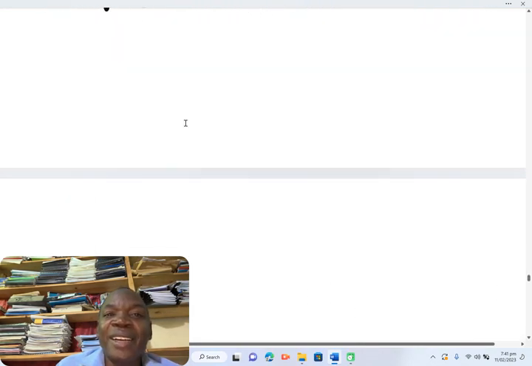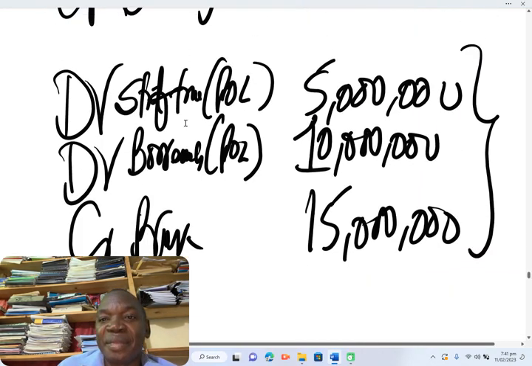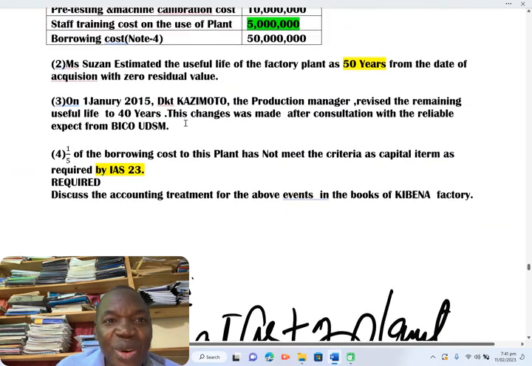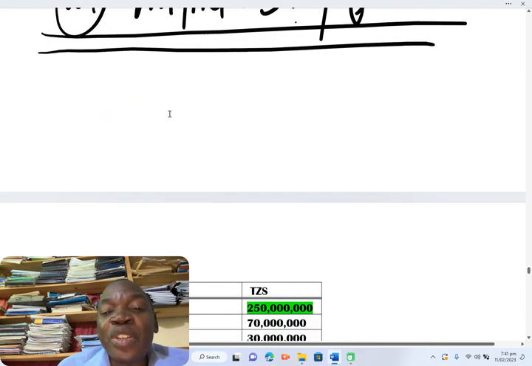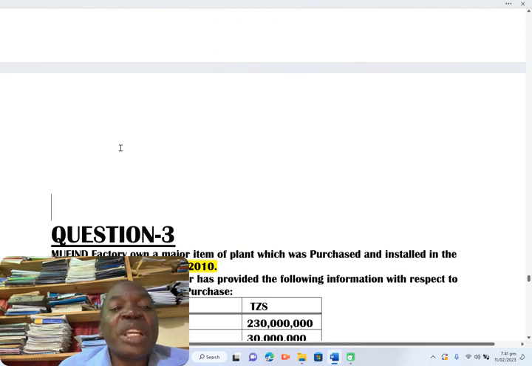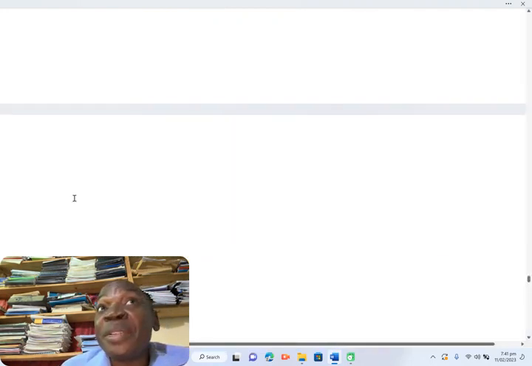Kwa hiyo from there nothing. Okay. So initial recognition imekaa vizuri. Sasa nasema Miss Susan estimated the life of the factory to be how many? 50 years from the date of acquisition and 0 residual value. Maana hii factory ina residual value ya 0 lakini itadumu kwa miaka mingapi? 50.